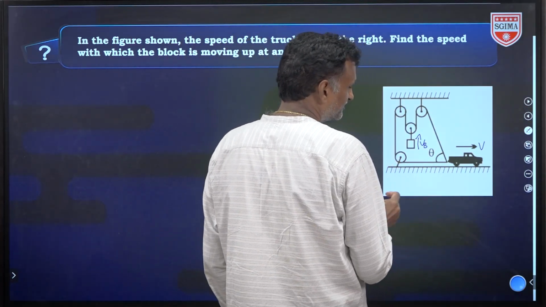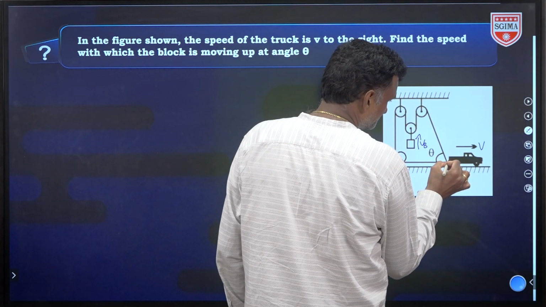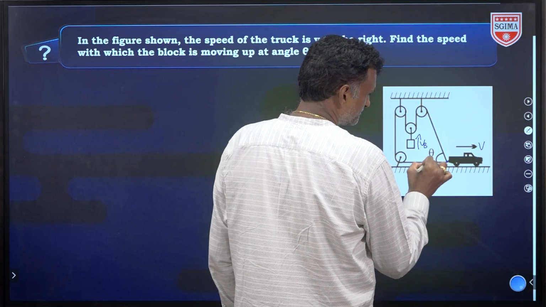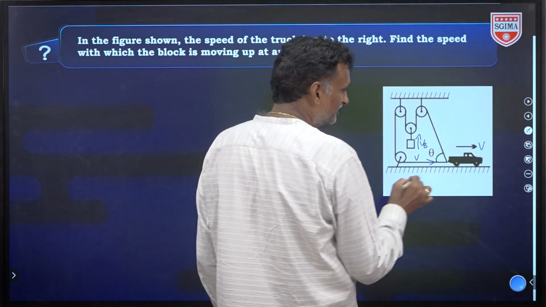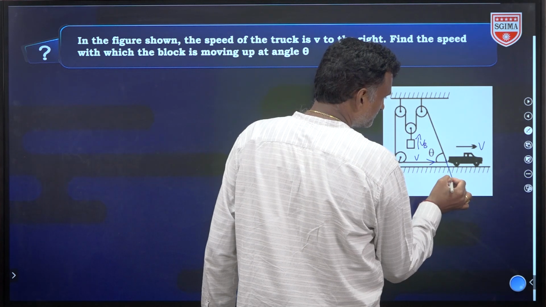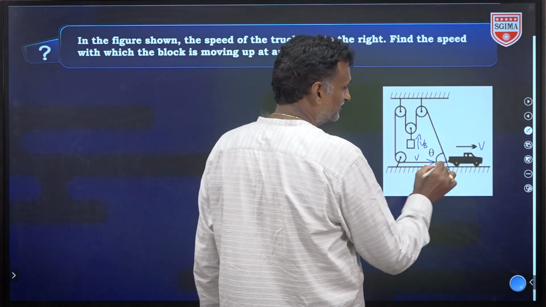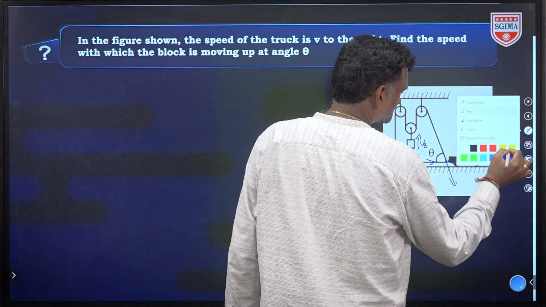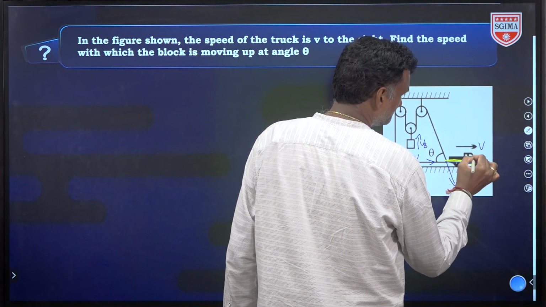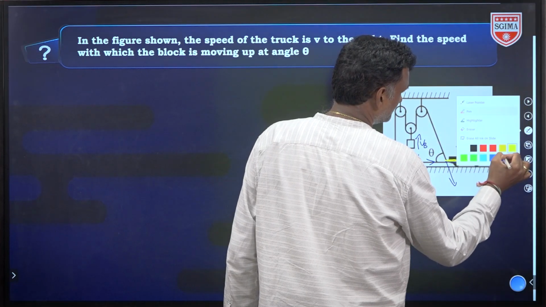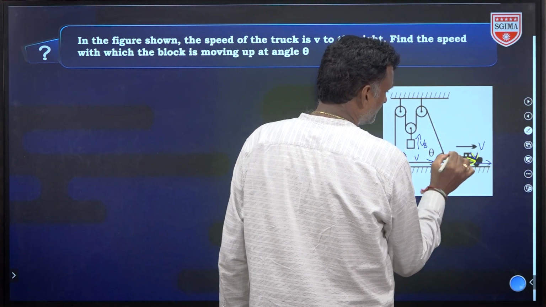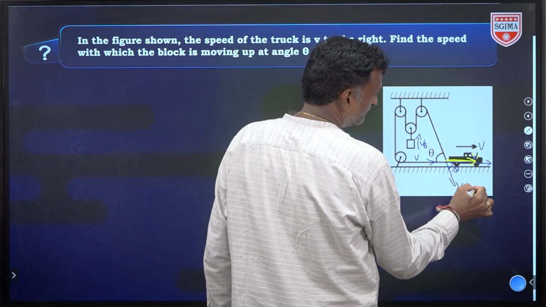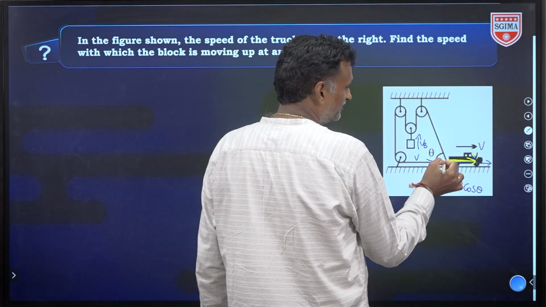So now let us take the concept here. This is the point where it is connected. On the right side there is no change, it is V only, and this point must be taken as a component. So the right side component is V, and the other component here is V cos theta, since we follow vector addition.